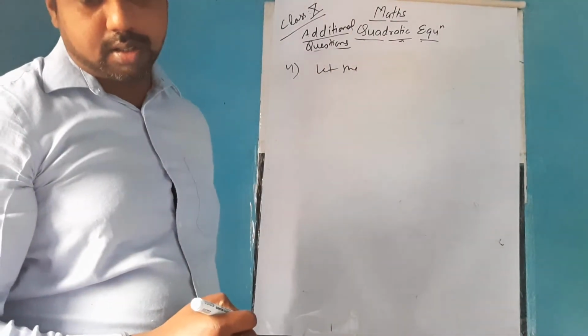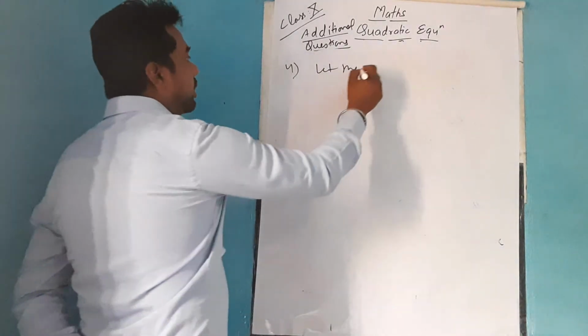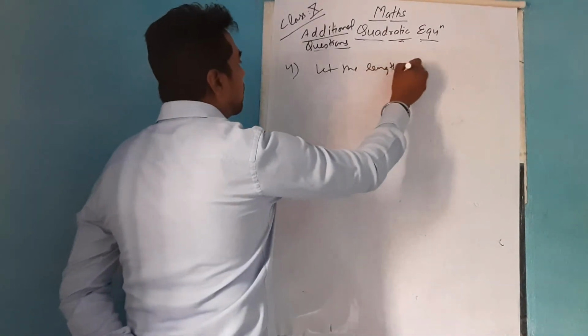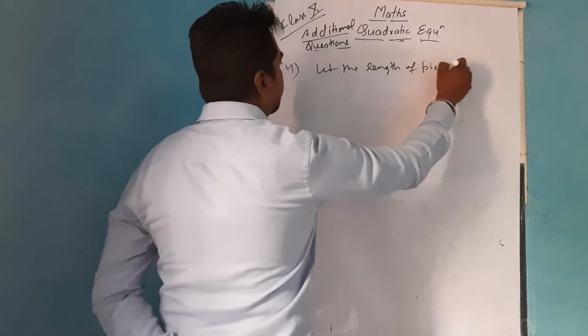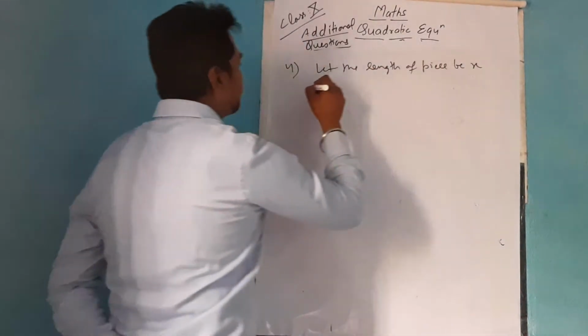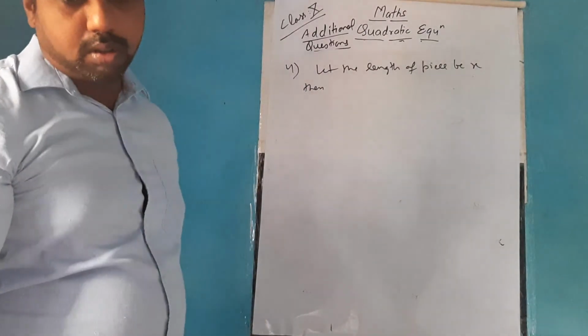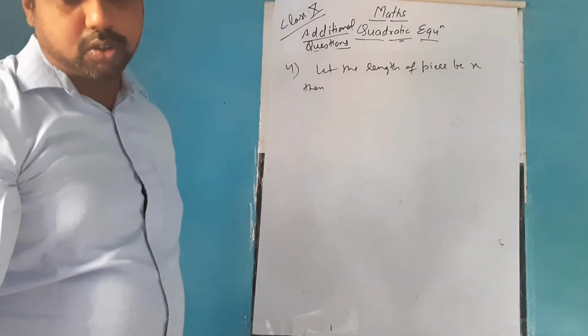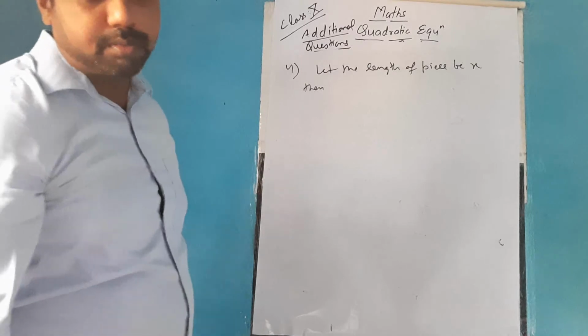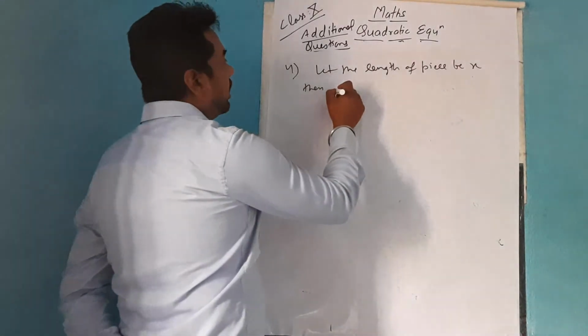It's asking how long is the piece. Let the length of the piece be x, then the piece of cloth costs 200, so the rate will be 200 by x.